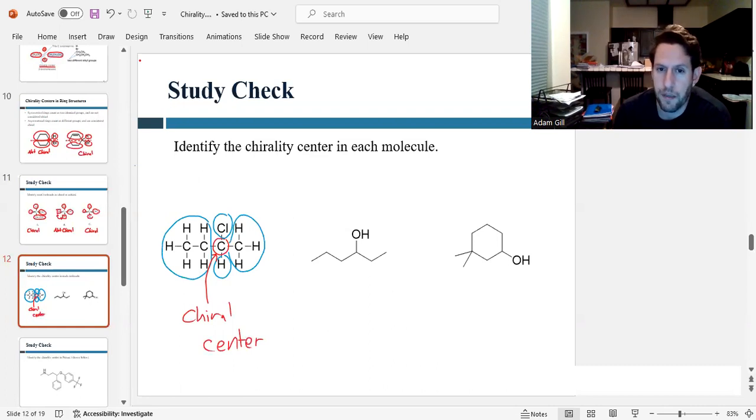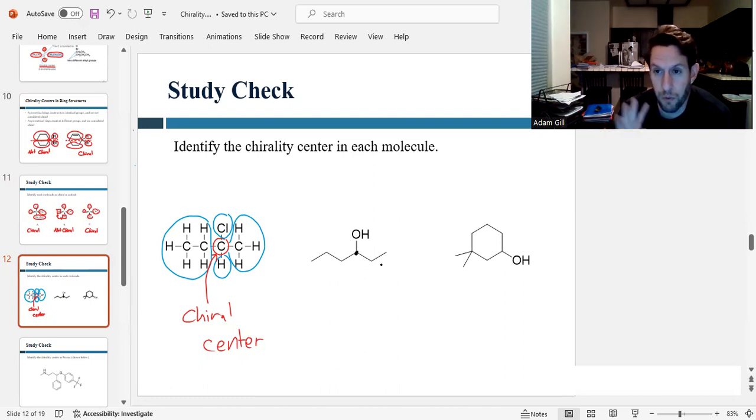Okay. Now, when these are drawn in skeleton, it can be less obvious. In skeleton structures, the hydrogens are implied. And so we need to fill in the hydrogen to remind ourselves that there's 4 different groups. So if I'm looking at this carbon right here, we can see that it has 3 bonds already.